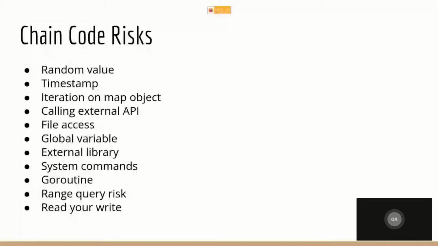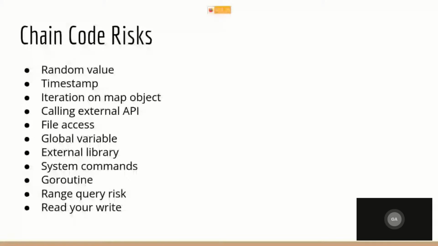So there is a set of attack vectors possible in the chaincode, or risks if you're using any kind of randomness in chaincode, or if you're using any external timestamp, or if you're iterating over a map object or calling an external API, using global variables, Go routines, range queries, you have to be very careful because they all open up possibilities of attacks.